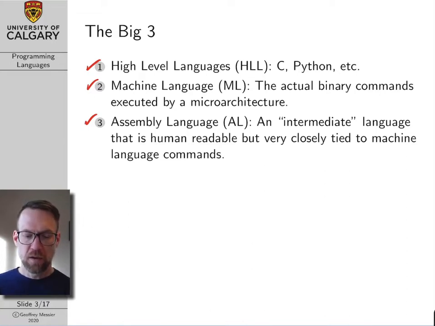And these are very, very low-level commands. The third type of language is assembly language. You can think of assembly language as an intermediate language that humans can read, but is very closely related to machine language. There's almost, but not quite, a one-to-one mapping between assembly language instructions and machine language instructions.